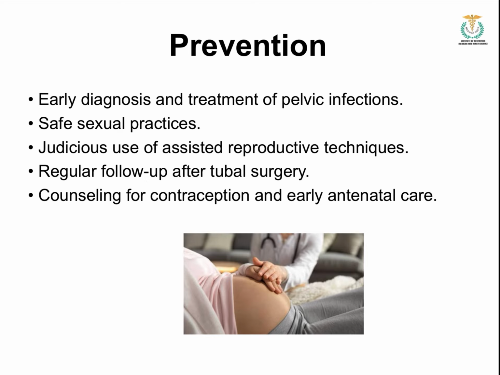Encourage early antenatal booking so ectopic pregnancies can be detected before rupture. These are a short list of practical preventive measures you have to tell patients, which will help prevent such risks, especially in early pregnancy. So that's it about prevention.